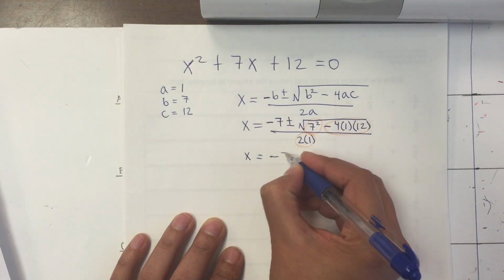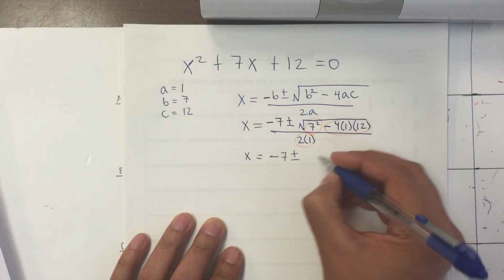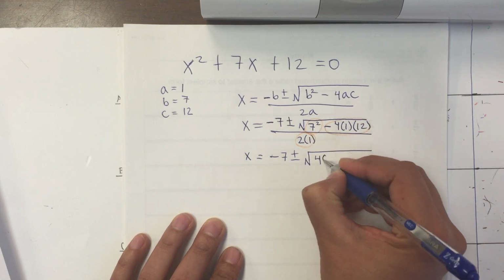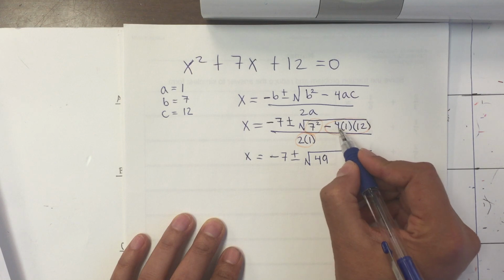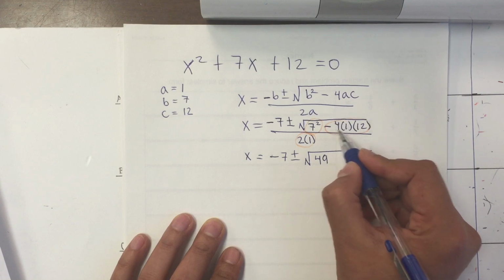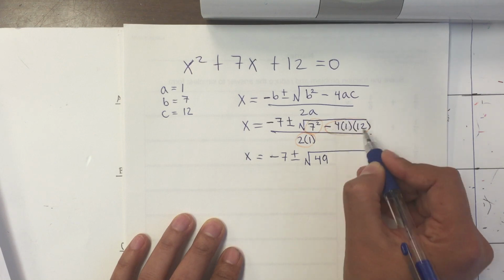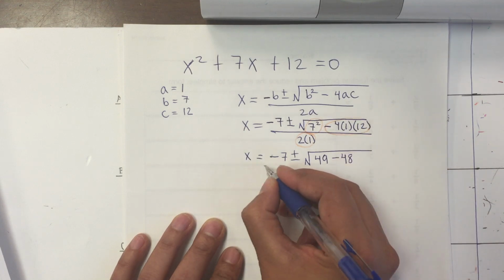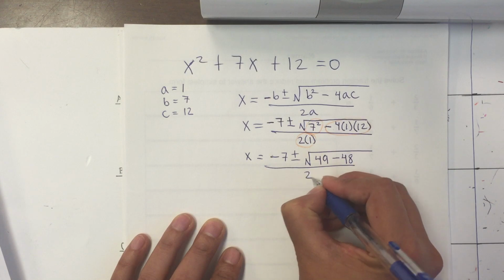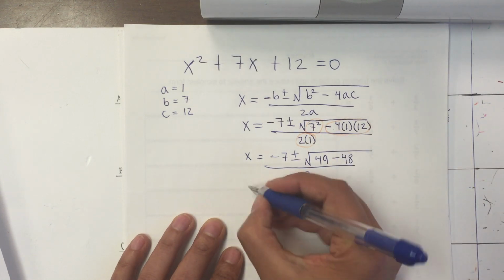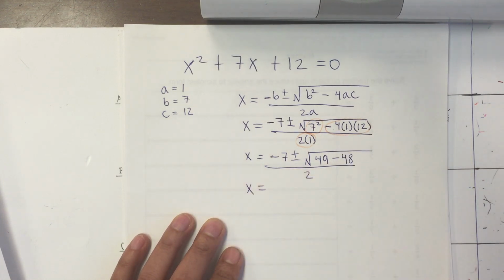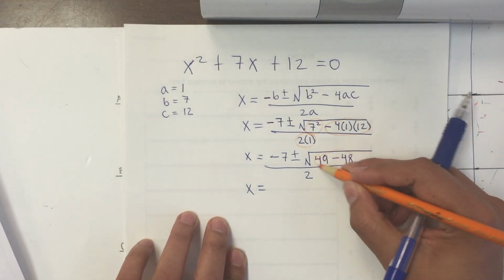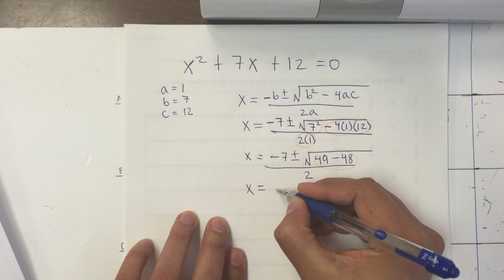So we bring down the negative 7 plus minus the square root of 7 squared would be 49, and then negative 4 times 1 is negative 4, and negative 4 times 12 is negative 48, and 2 times 1 is 2. So you can see that we're simplifying each time more and more.